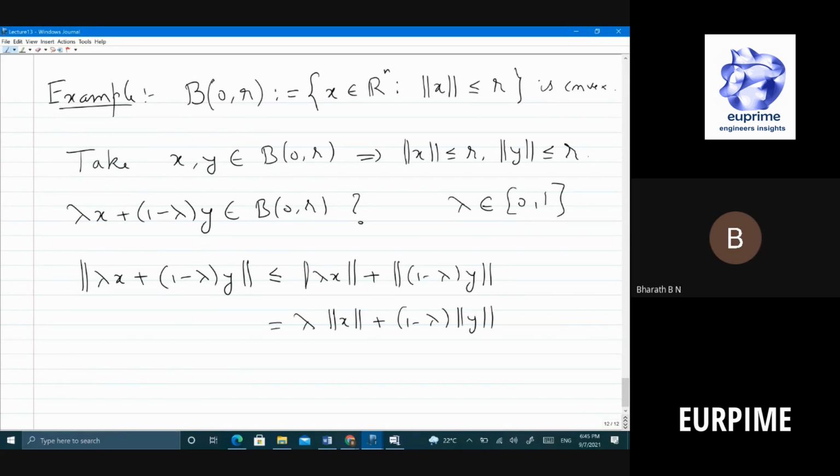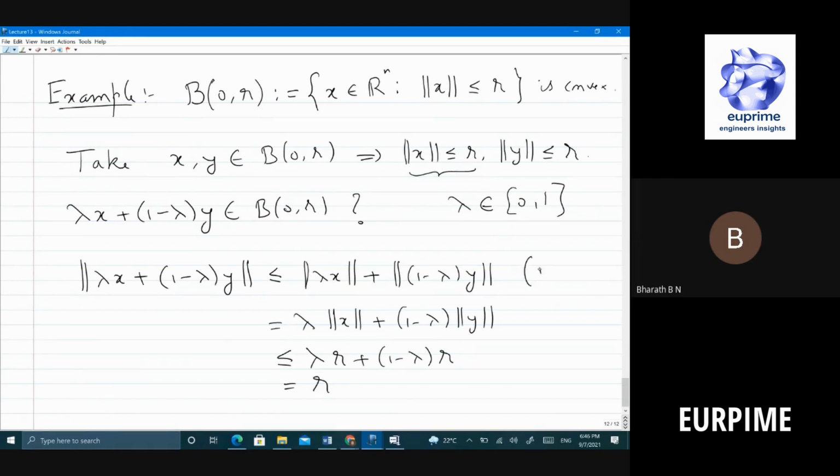What does that imply? Norm of x is less than or equal to r and norm of y is less than or equal to r. So lambda times, I'll replace norm of x by r, plus 1 minus lambda times r, which is equal to r.